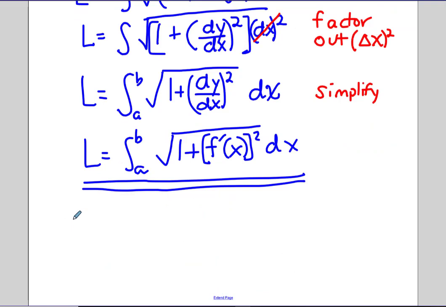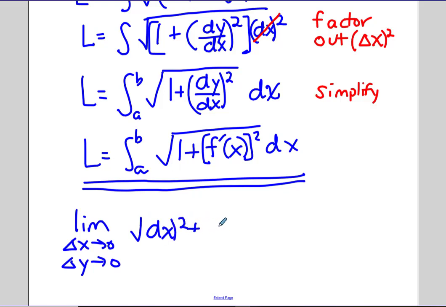And what we're doing is we're taking the limit as the change in x goes to 0 and the change in y goes to 0 of that original distance formula. Okay, so we have used that to prove.